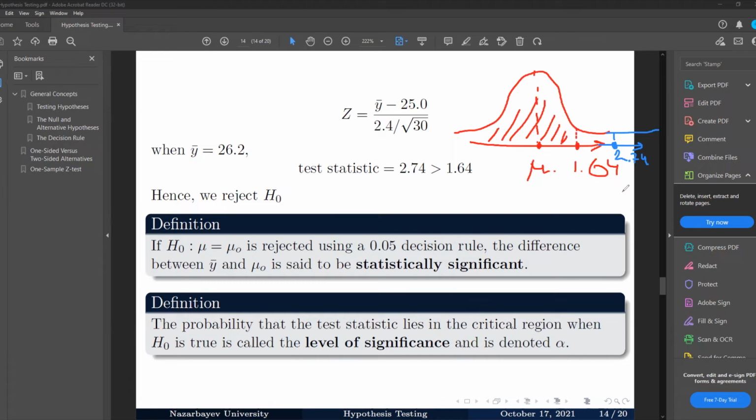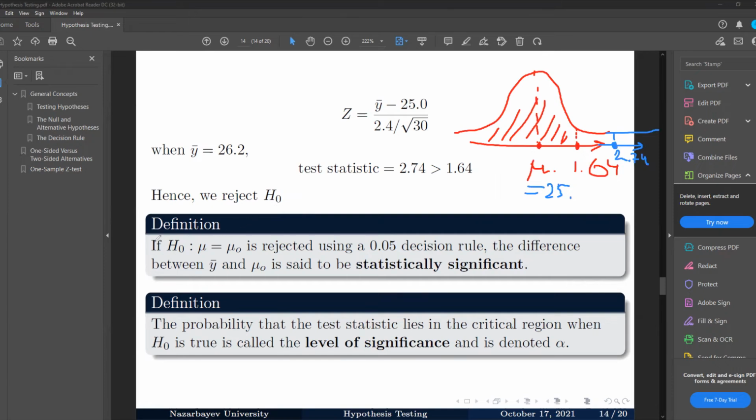This means that under the assumption of your null hypothesis, it's unlikely that you get a sample mean of 26.2 if the points in your sample are sampled from a normal distribution with mean mu equal to 25. So we are going to reject H naught at a level of significance of 0.05.